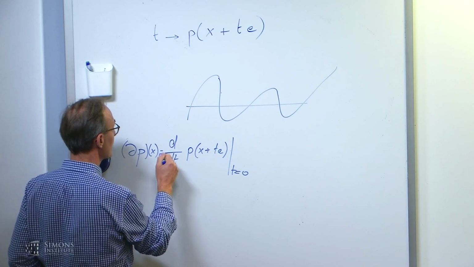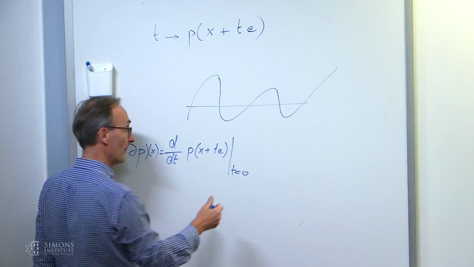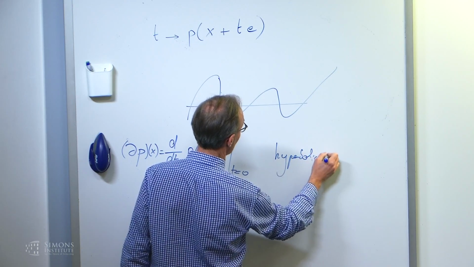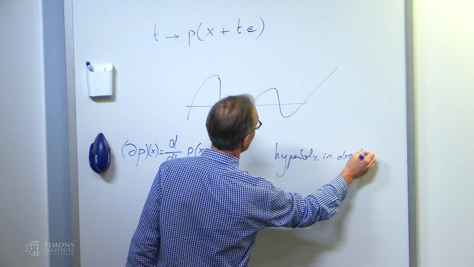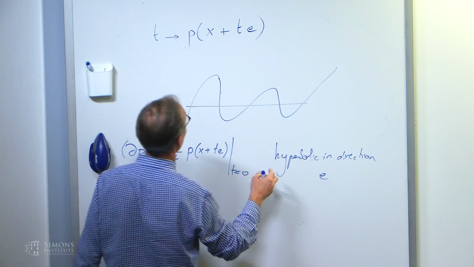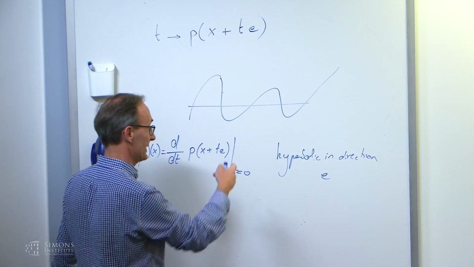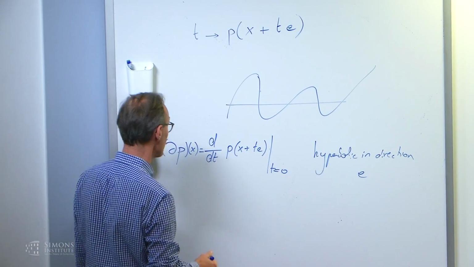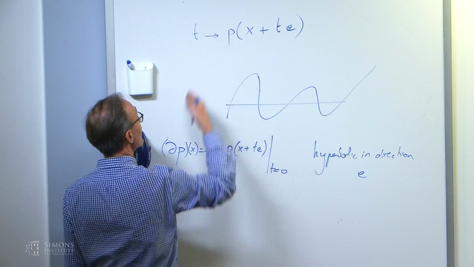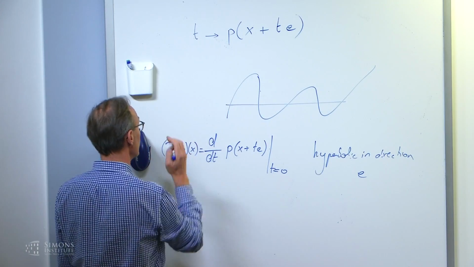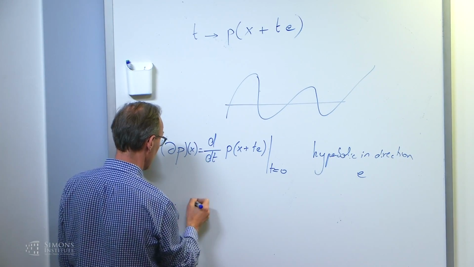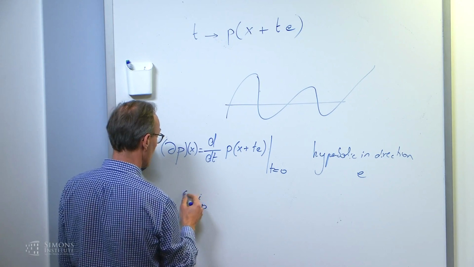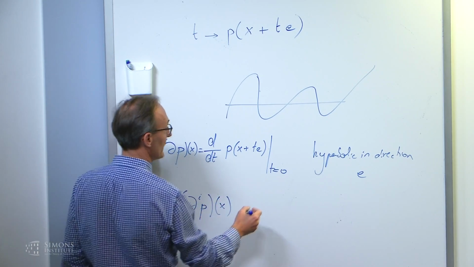And this is also going to be hyperbolic in direction E if P is hyperbolic in direction E. And so we can repeat that, and we could get a sequence P, del P, and so on, of polynomials which are hyperbolic in direction E.